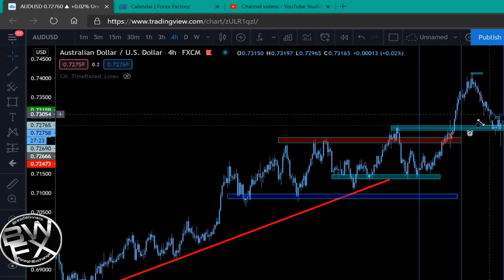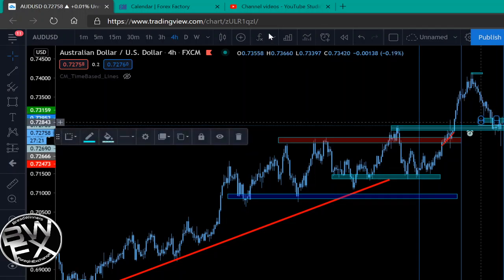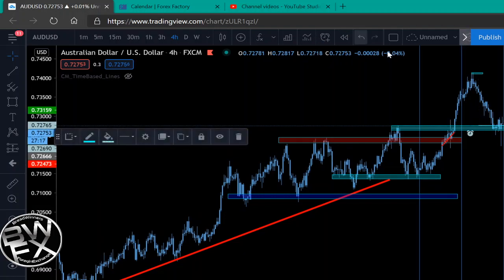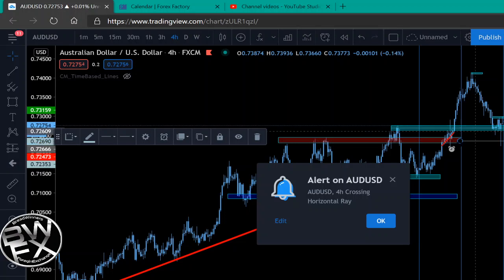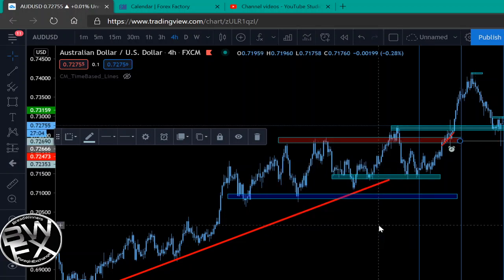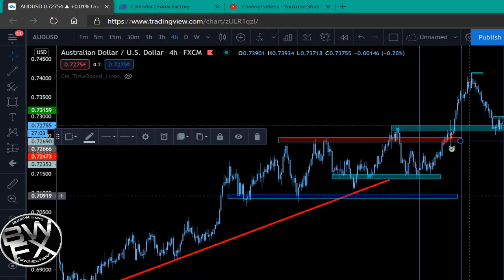Exactly. And that's why we use alerts, guys. Don't be scared to remind yourself. If you're looking at a lot of pairs, you're gonna need some type of visual for when it gets to a certain spot. So go ahead, set yourself up some alerts, something that'll help you remember to go back and at least check on it.